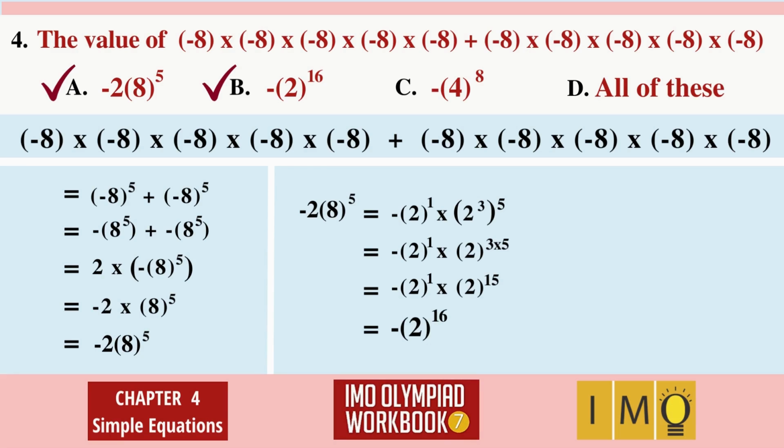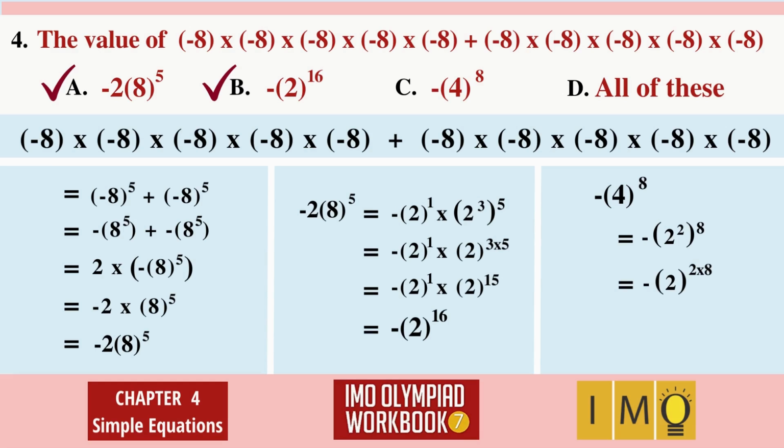Now let's check if option C is right. Minus of 4 to the power of 8. 4 can be written as 2 square. So the expression becomes minus of 2 square the whole raised to 8.